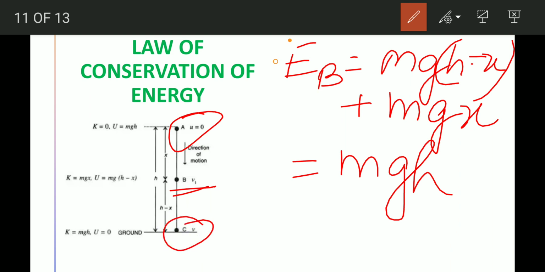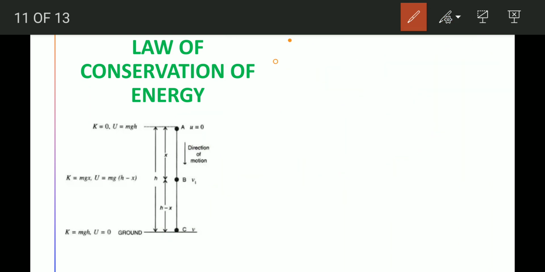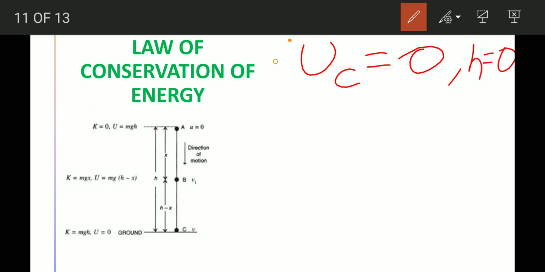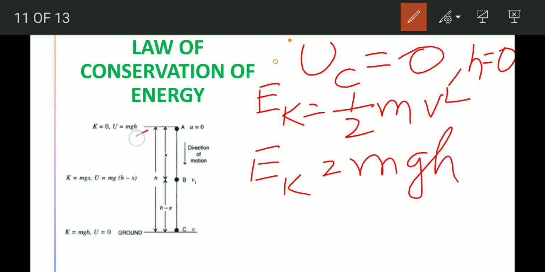Let's find out what happens at C. At position C, the value of potential energy will be 0 because h is equal to 0. It is at the ground level. But again, on finding the kinetic energy by using the equation of motion, we will find that kinetic energy comes out to be mgh because it has travelled the entire distance.